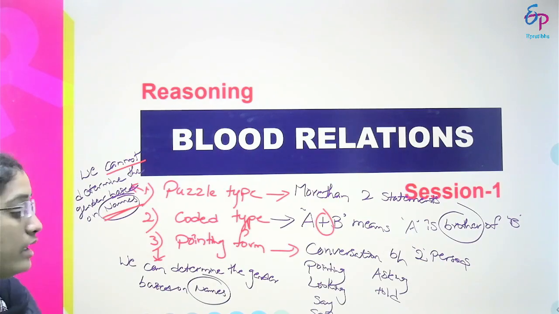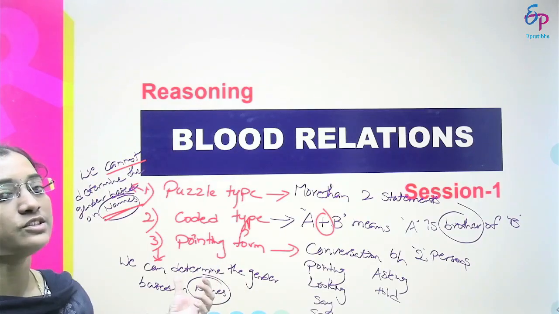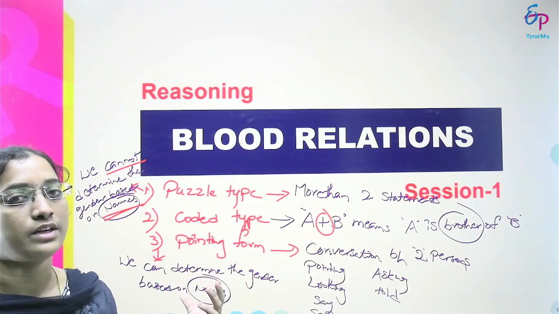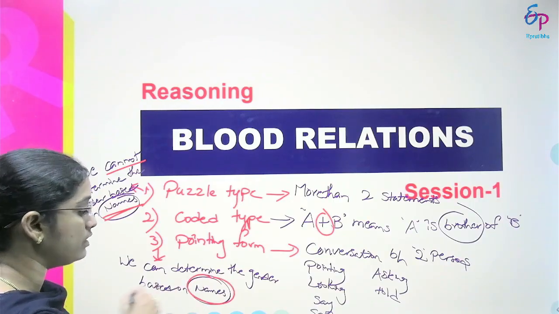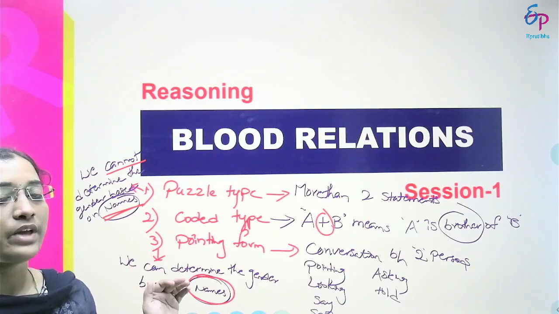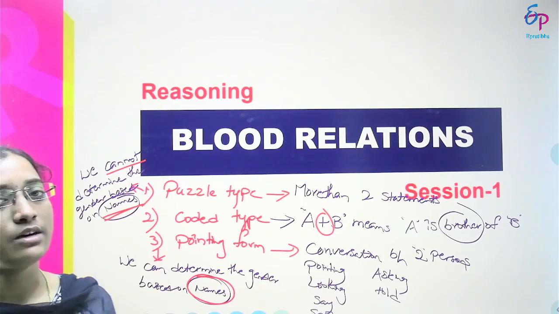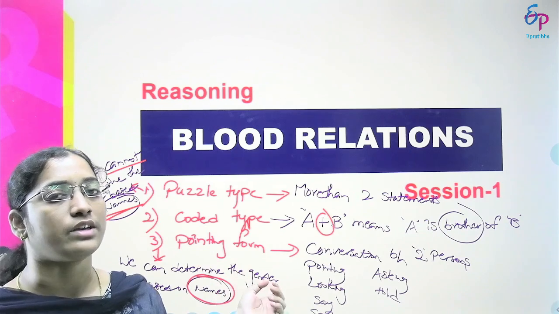There is no problem with gender, friends. That means we can determine the gender based on names, there is no problem with that, right? Yes, in case you are solving a question related to puzzle type, at that time we cannot determine the gender based on names. Then for coded type questions, we do not have any rules, friends.